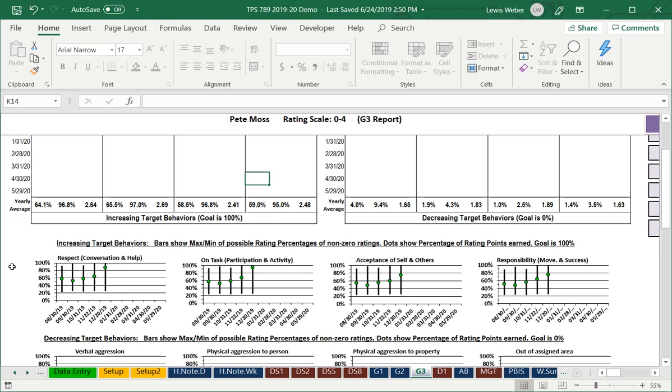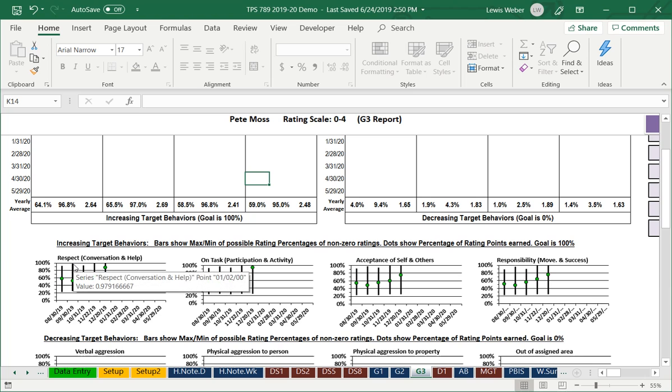So let's now stop for a second and review all this. The dot, when it's read by this vertical axis right here, is the percentage of the rating points earned. That's column number one. The measure of occurrence is the top of the bar.